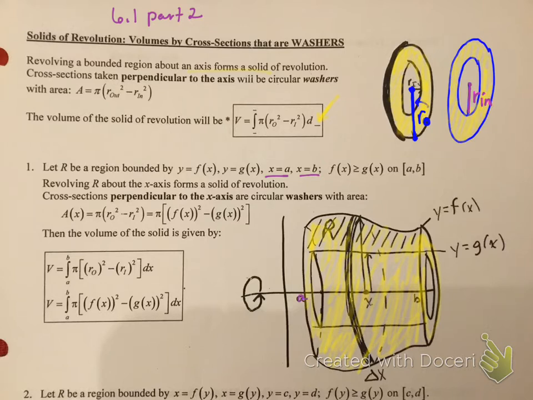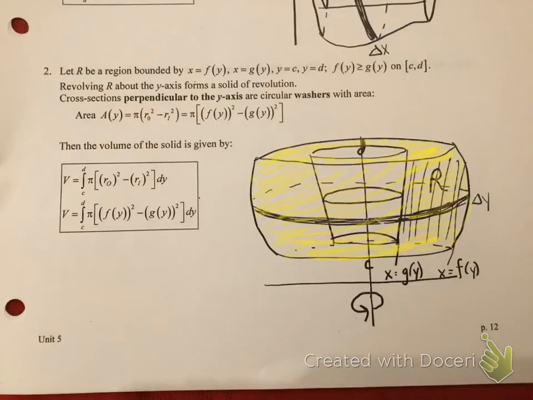So here is a, here is b, R inner is going to be this, and R outer is going to be this. Okay, so R outer is the function f of x, R inner is going to be the function g of x.